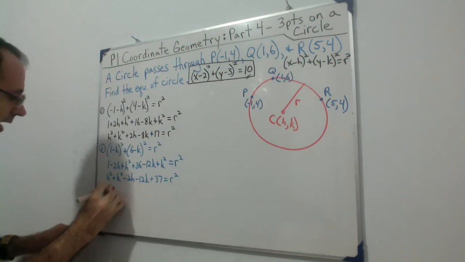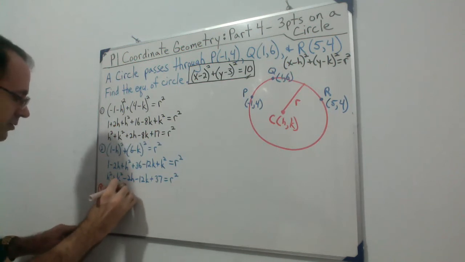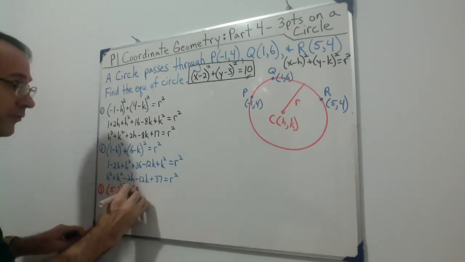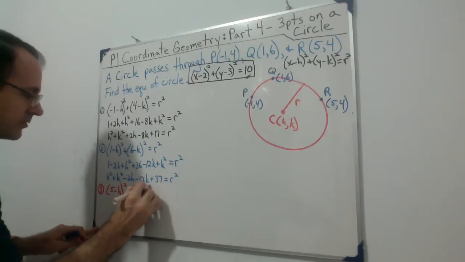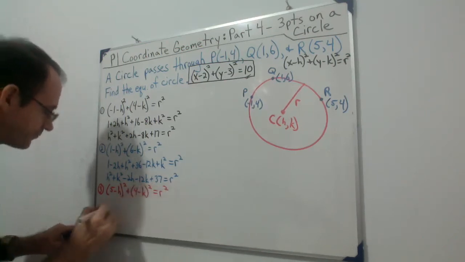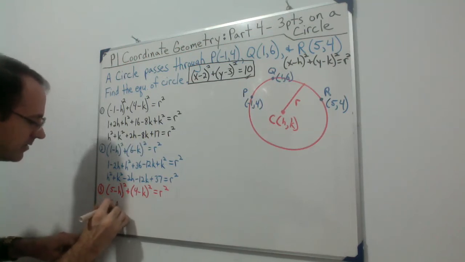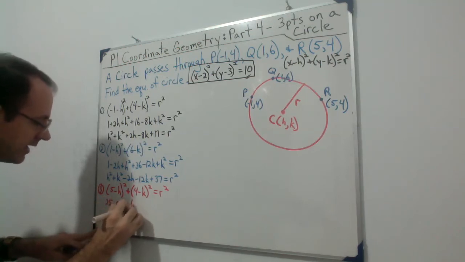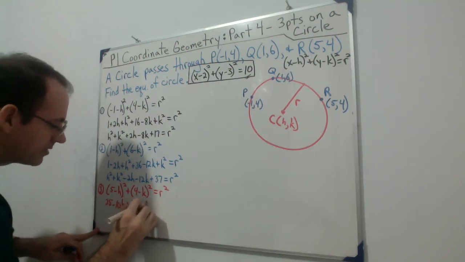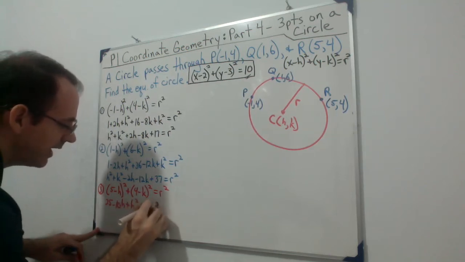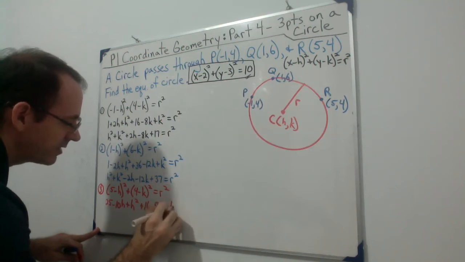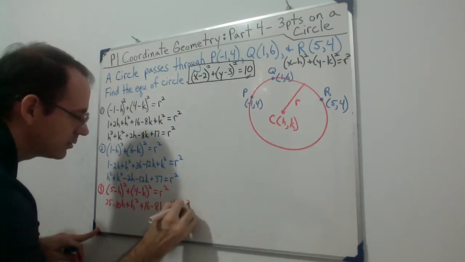So we have (5 minus h) squared plus (4 minus k) squared equals r squared. And we get 25 minus 10h plus h squared plus 16 minus 8k plus k squared equals r squared.